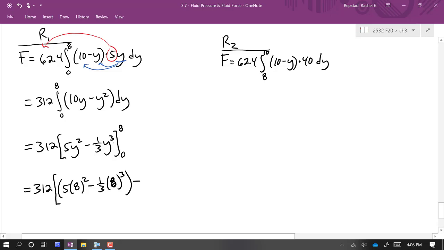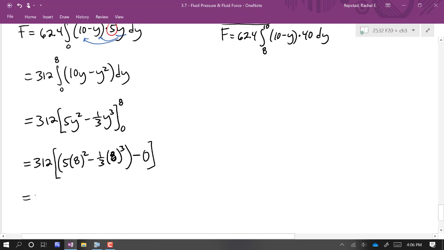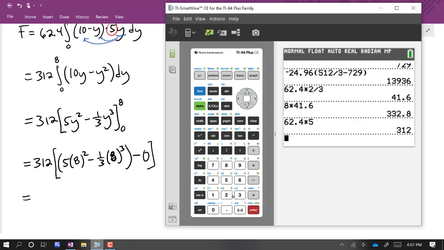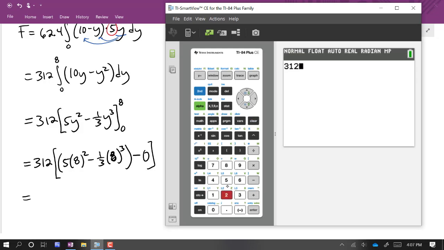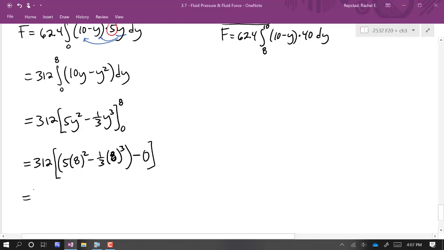When we plug in 0, we'll get 0 because everything has a factor of y in it. The result is 46,592.